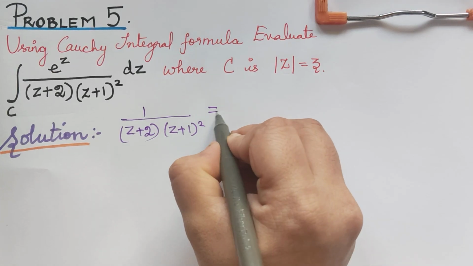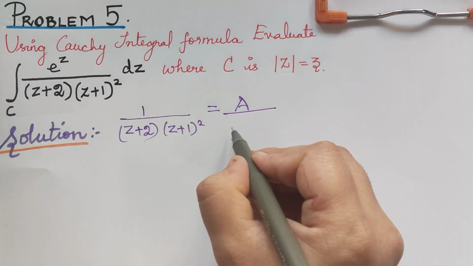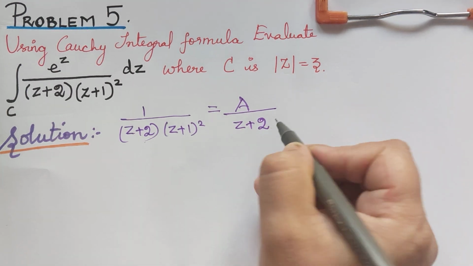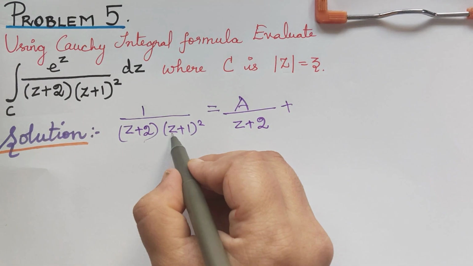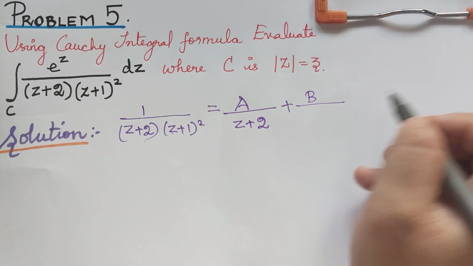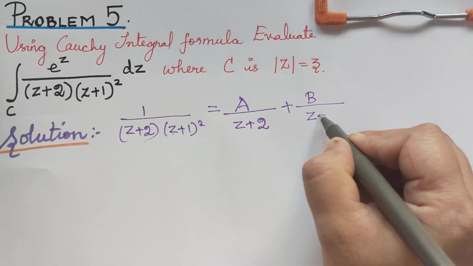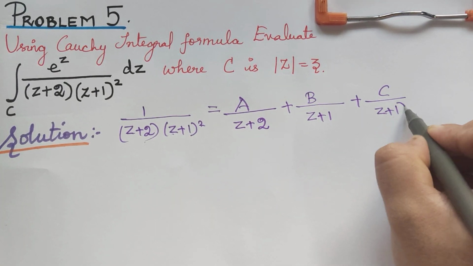Now this has to be split up using partial fractions, where we get a by z plus 2, plus b by z plus 1. Since the power of z plus 1 is 2, it has to be split as two terms, that is b by z plus 1 plus c by z plus 1 the whole square.